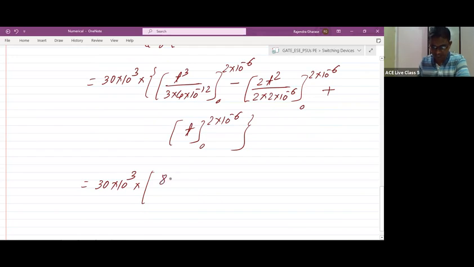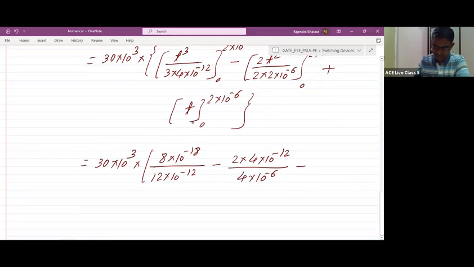So it will be 8 into 10 to the power -18 divided by 12 into 10 to the power -12. This is one term, minus 2 into, it is a t square. So 4 into 10 to the power -12 divided by 4 into 10 to the power -6, minus this term 2 into 10 to the power -6, right? 2 into 10 to the power -6.